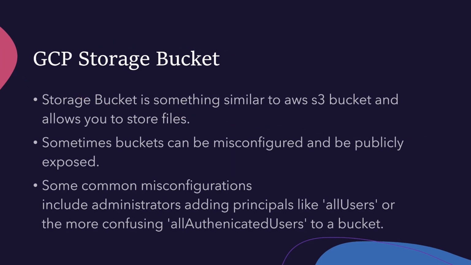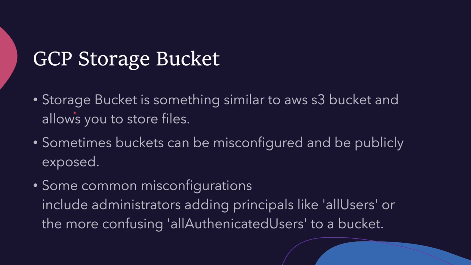So, GCP Cloud Storage Bucket. If you don't know what a cloud storage bucket is, a GCP storage bucket is something similar to an AWS S3 bucket. If you don't know what an S3 bucket is, I would highly recommend you go and work on your cloud fundamentals first, right?